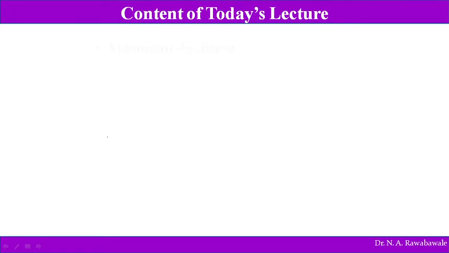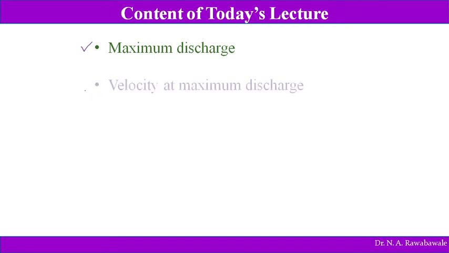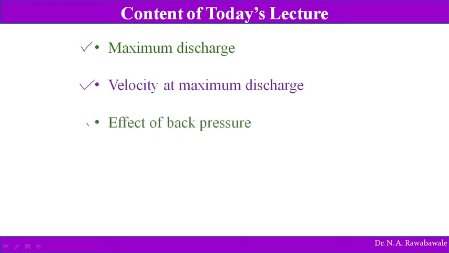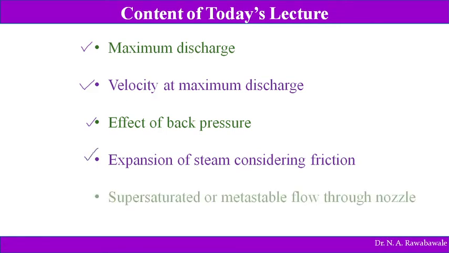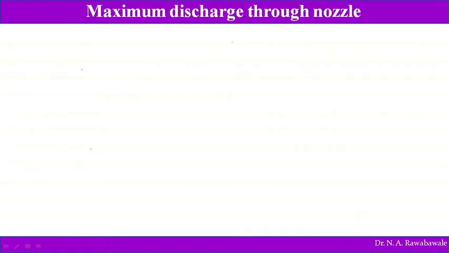Today we will discuss the maximum discharge for the nozzle, velocity at maximum discharge condition, effect of back pressure on the velocity and mass flow rate of steam, the expansion of steam considering friction, and supersaturated or metastable flow through the nozzle.